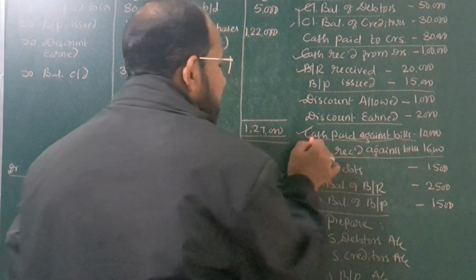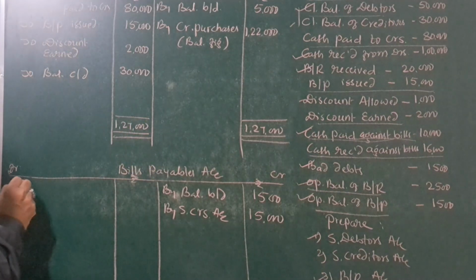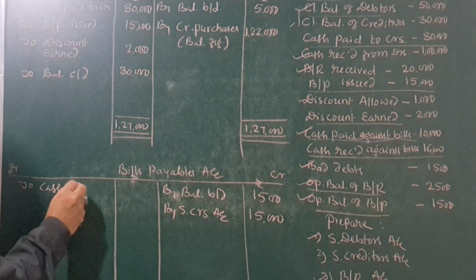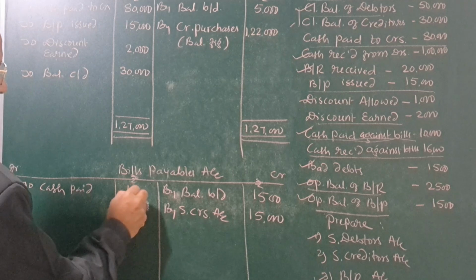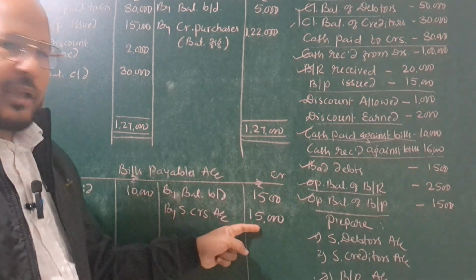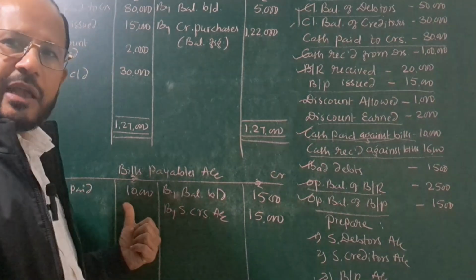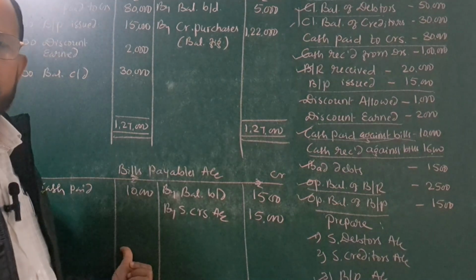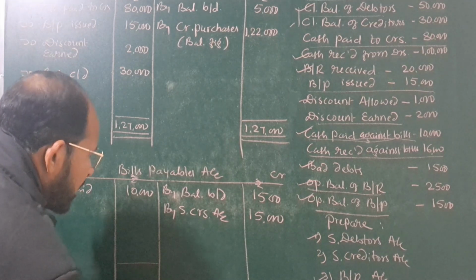Now cash paid against bills is given in the problem. How much amount has already been paid by us? Here rupees 10,000. Whenever cash is paid, we write on the debit side cash paid against bills. Rupees 10,000. Just you see, out of 16,500 bills, we have paid rupees 10,000 during the current year, and the remaining balance is to be taken as the closing balance of bills payables.